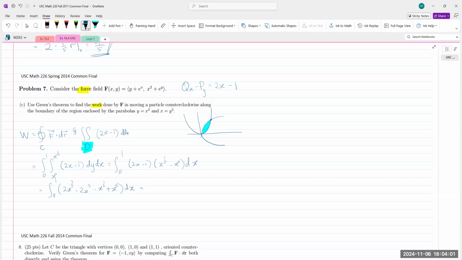Which will be 2 times 2 over 5 minus 2 over 4 minus 2 over 3 plus 1/3. You know what? Just make it positive 1/3 then. Minus 1/3. The LCD is what? 30.